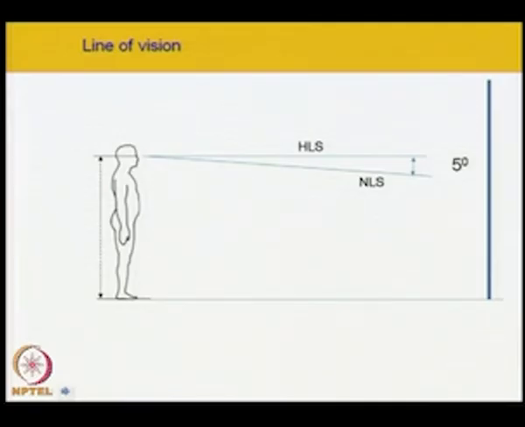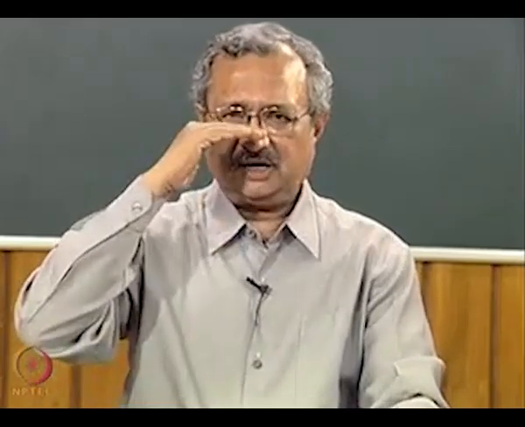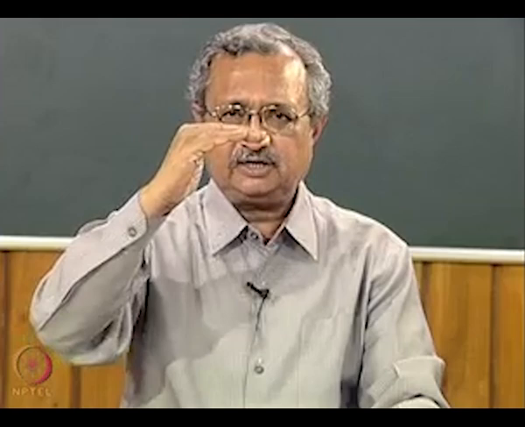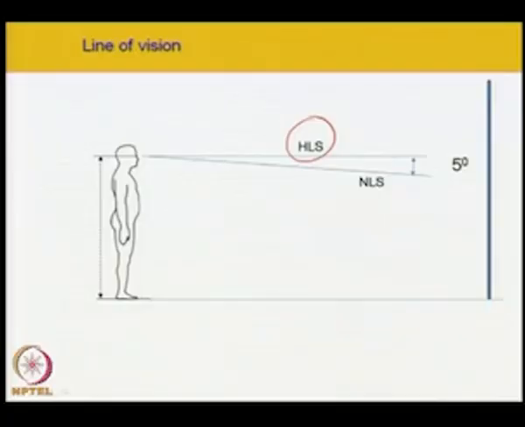Now, line of vision. When we concentrate on some object, if we draw a straight line from the eye height, this is the horizontal line of sight. But we cannot comfortably look in this position.